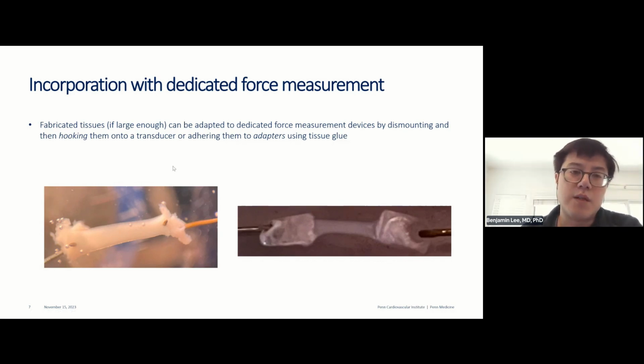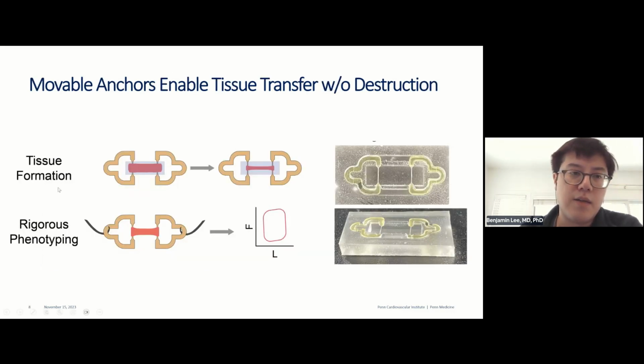We wanted to come up with a solution that was slightly more elegant, and in this way, we've generated our own tissue anchors here, where inside a PDMS rubber well we can cast our tissues, allow them to compact, and then lift the tissues entirely off of this well and do our phenotyping in a non-destructive fashion.